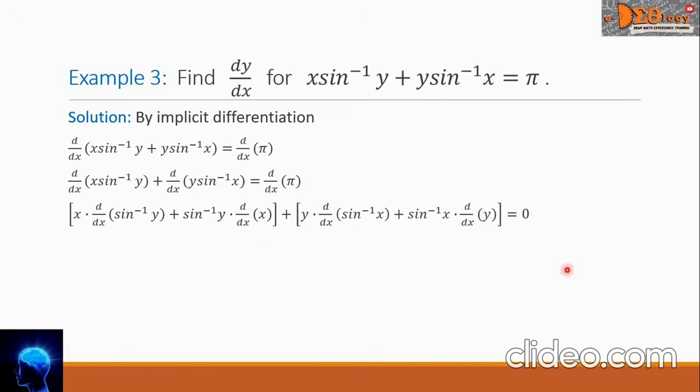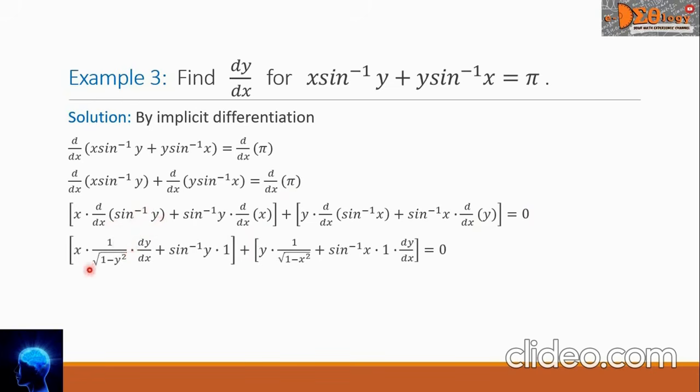The next step is we're going to evaluate the derivatives respectively. So the derivative of sine inverse of y is now 1 all over the square root of the quantity 1 minus y squared times dy over dx.